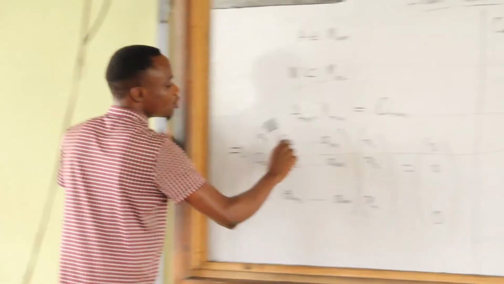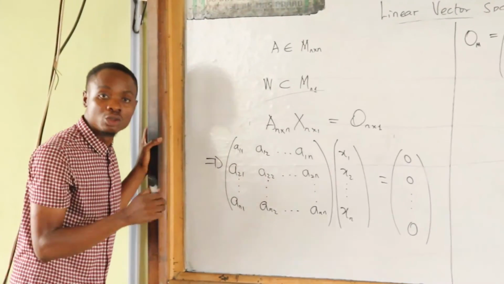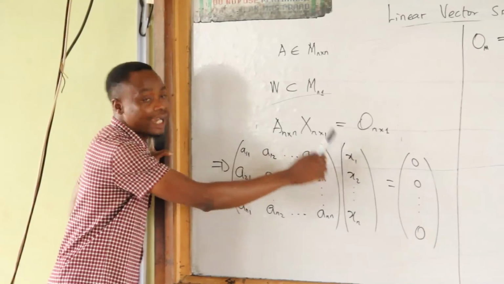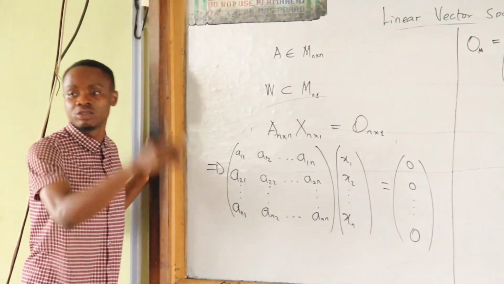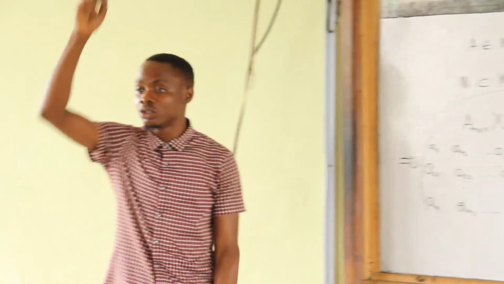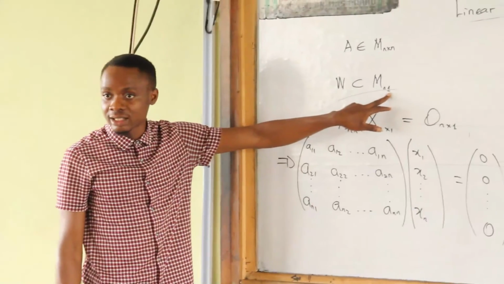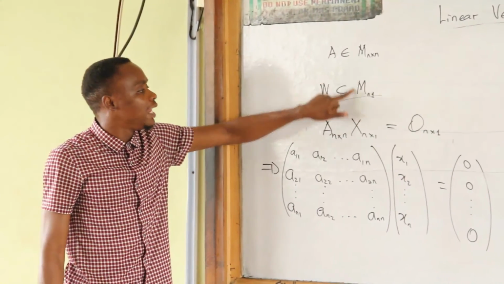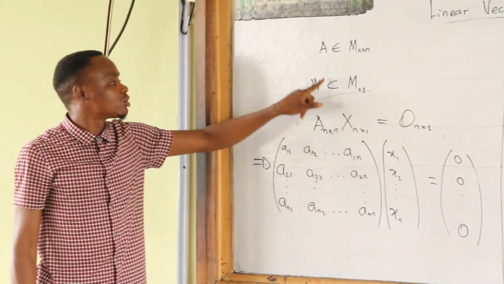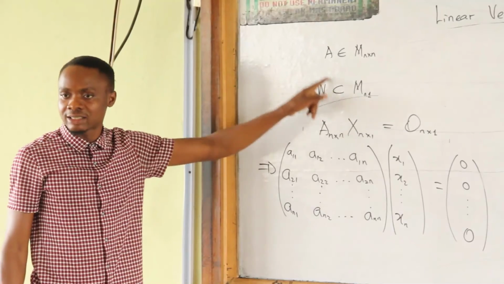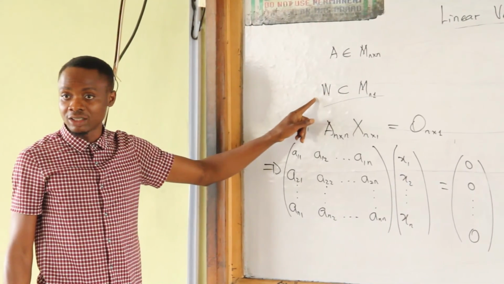We are saying that for this kind of equation, one of the solutions we know is x1 equal to 0, x2 equal to 0, x3 equal to 0, everything equal to 0. That is the 0 n by 1 matrix. So the 0 element for this space is also contained in this subset. Did you get what I just said?